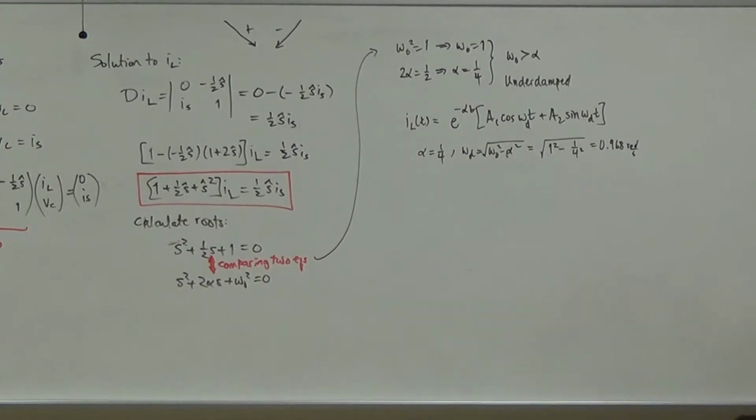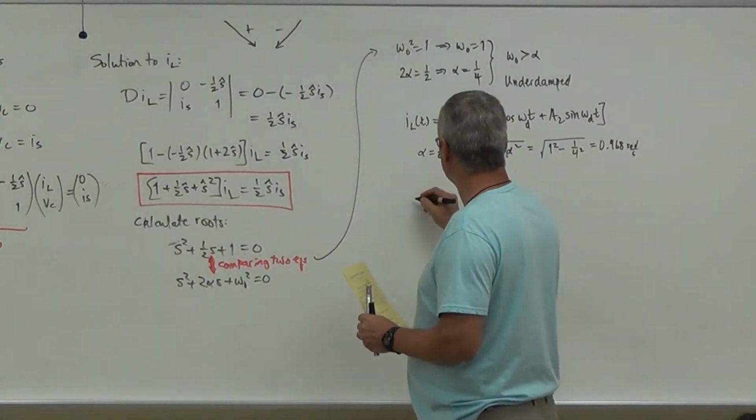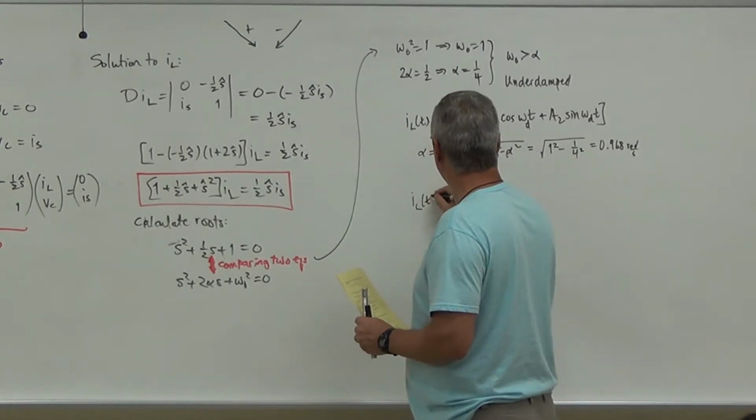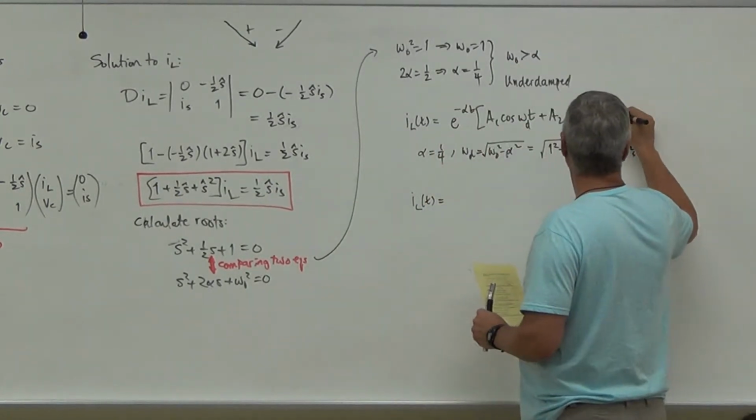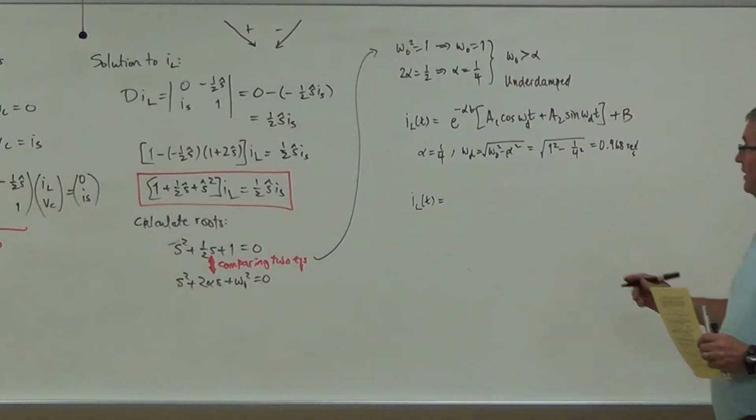So now I got omega d, so what's my solution look like? Well, it should be IL of t. By the way, I didn't get my b value. But for right now, let's look at this thing.